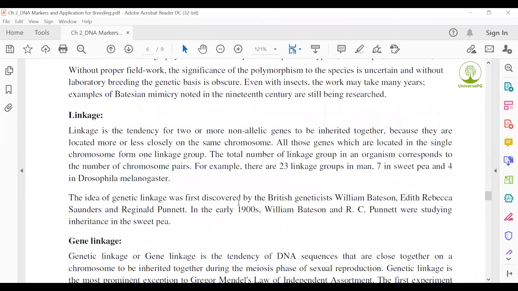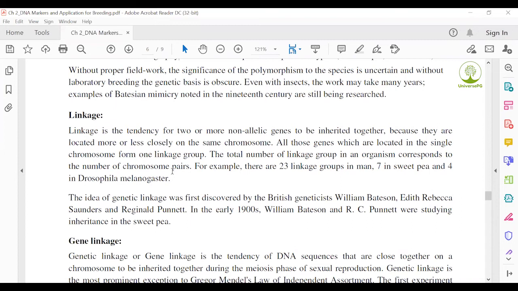Linkage. This term I already discussed in 7th semester, chapter 2, linkage and chromosome mapping. Linkage is the tendency for two or more non-allelic genes to be inherited together because they are located more or less closely on the same chromosome.